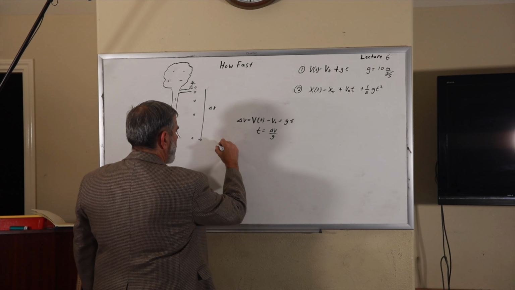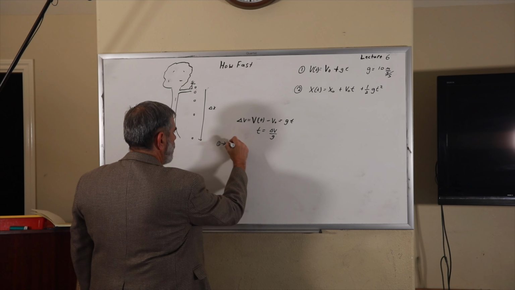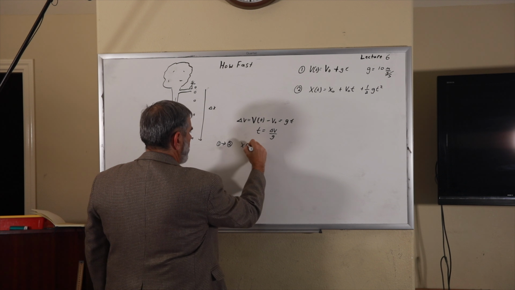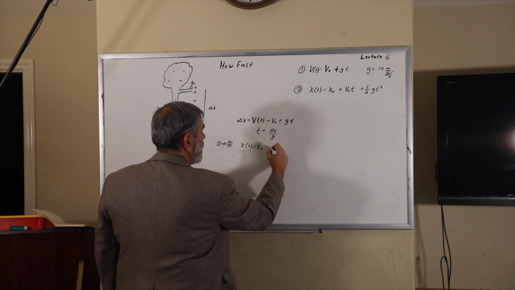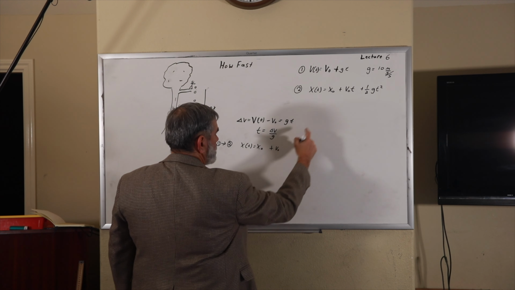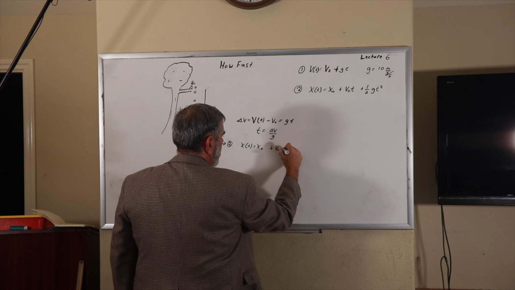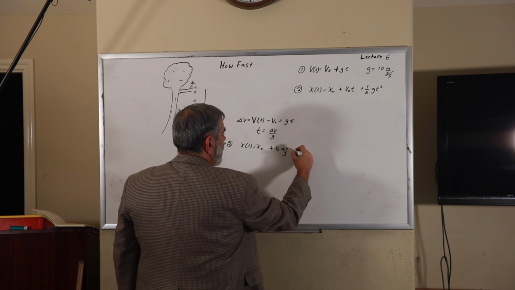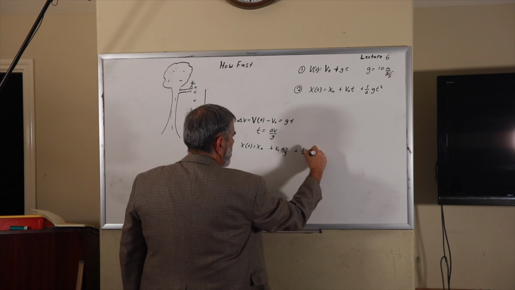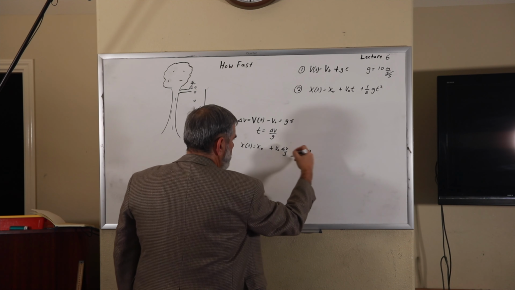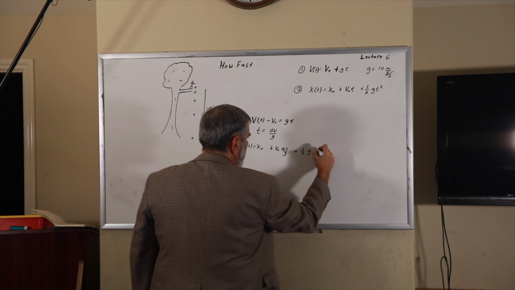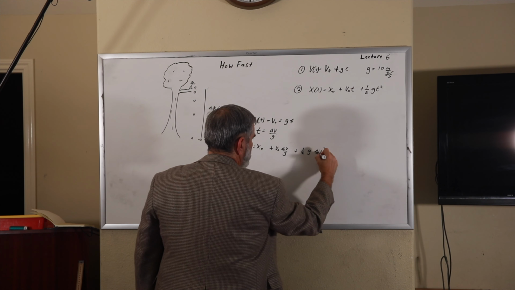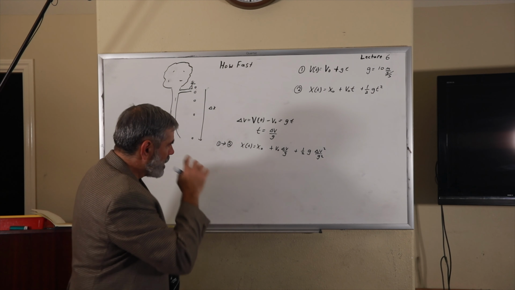Substituting 1 into 2, we find that x of t is equal to x naught plus v naught times t, but t is delta v over g, plus 1/2 g t squared. But again, t squared will be delta v squared over g squared.